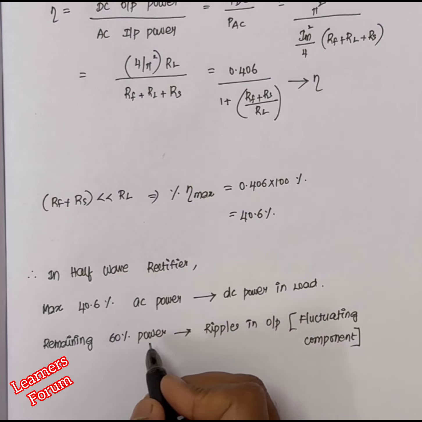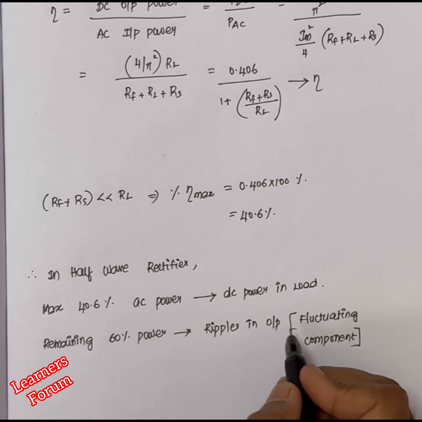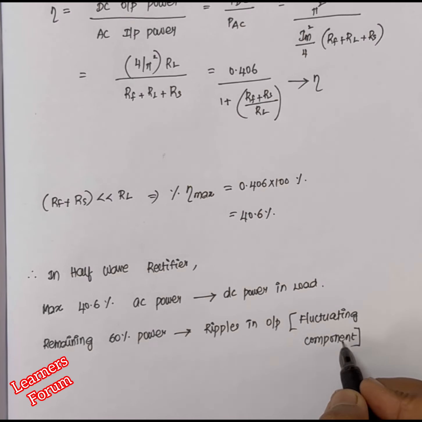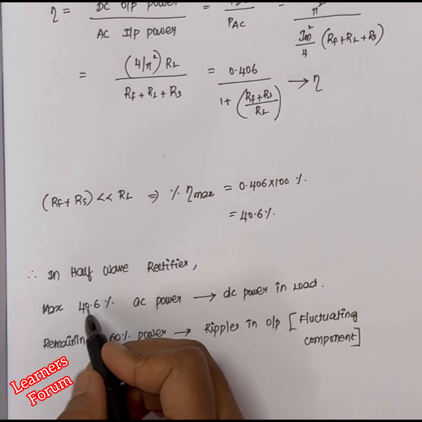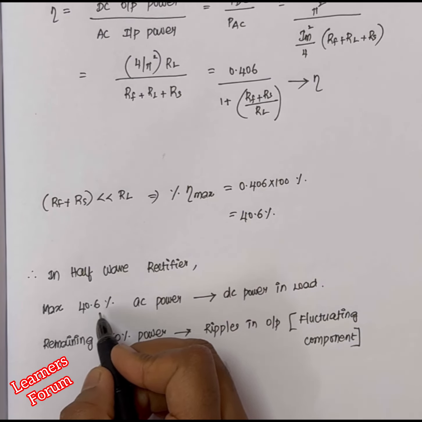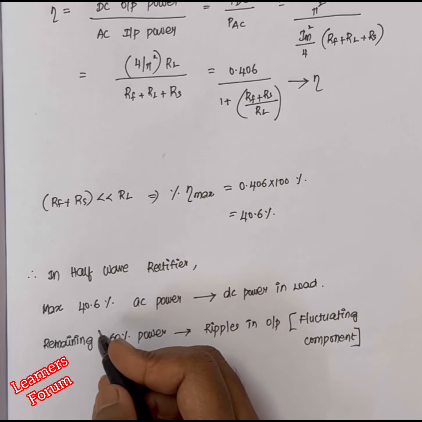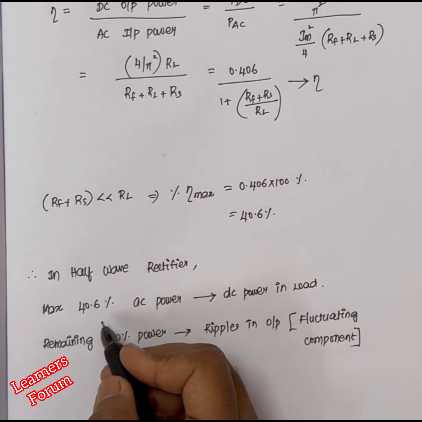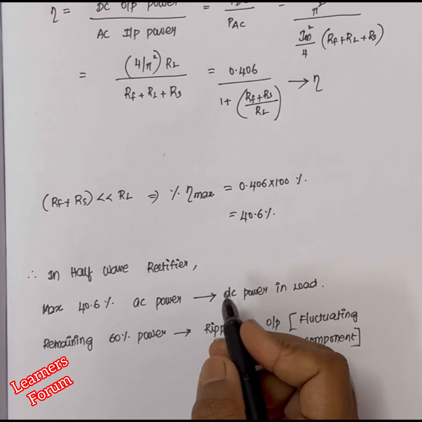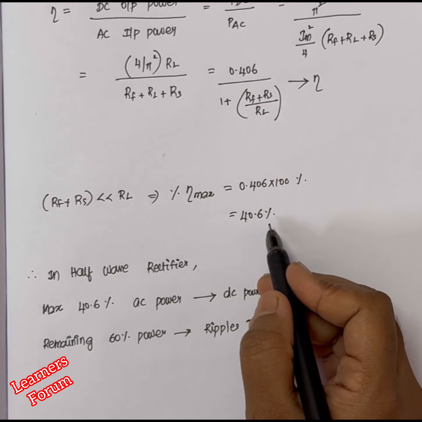The remaining 60% of power is converted to ripples in the output, which is the fluctuating component. So this is the maximum rectifier efficiency, 40.6%. We have to remember this value, because sometimes questions can arise from this particular data also. So the half wave rectifier will have an efficiency of 40.6%.